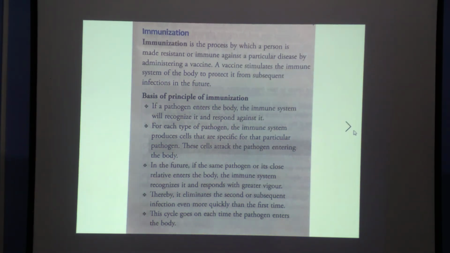Next, drinking water should be very, very clean. How do we go about it? Always boil and filter water before drinking, and store water in very clean containers, which are covered properly.